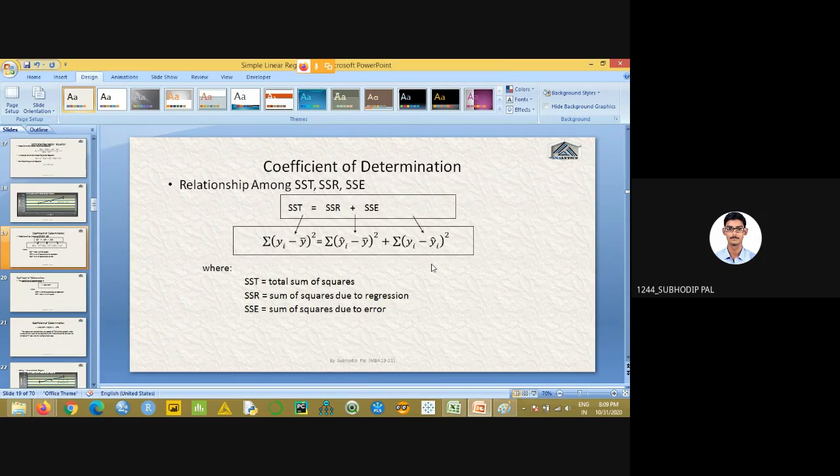You all know that if we run a regression model in software, we'll also get an ANOVA table. In the ANOVA table, what terms are there? SST, SSR, SSE, MSE, MSR, then the F value. All the things will be there in the ANOVA table, right?